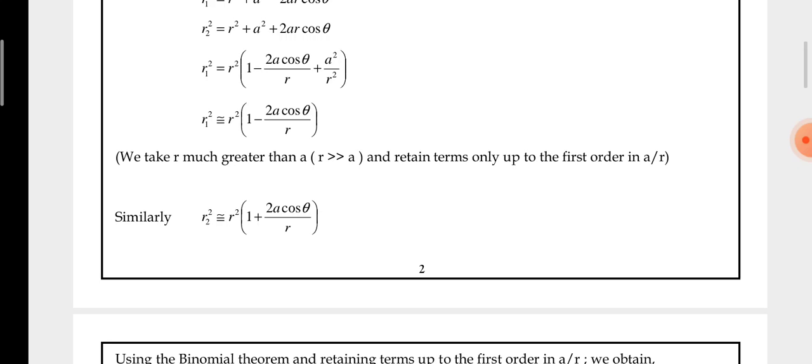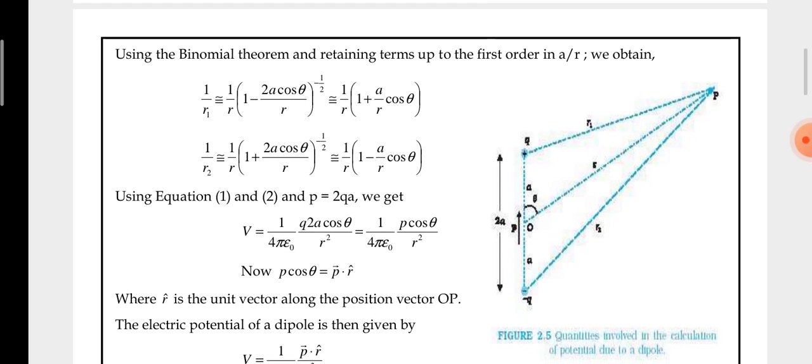R1 squared equals R squared into 1 plus 2a cos theta by R, from the binomial theorem.